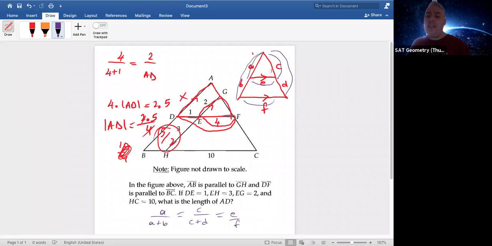Simple, just angles. If this is alpha, this must be alpha. Why? They are parallel. If this is beta, this must be beta, parallel. This is the vertex angle, call it theta.